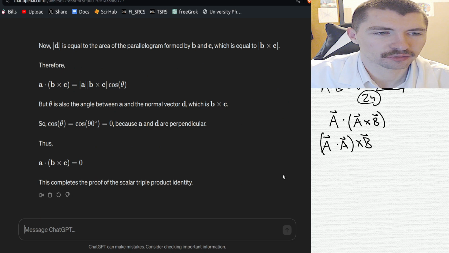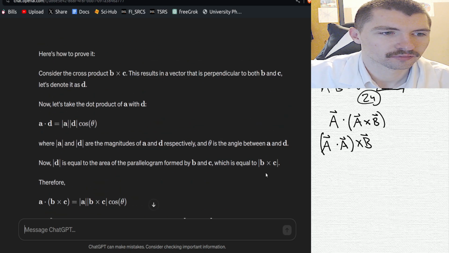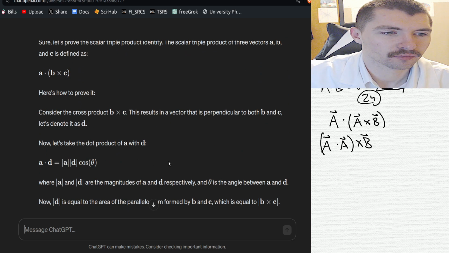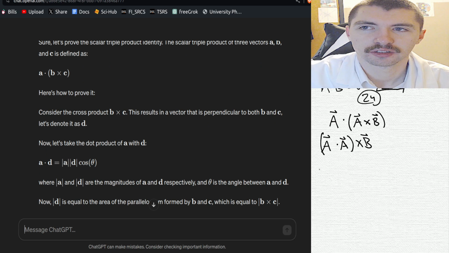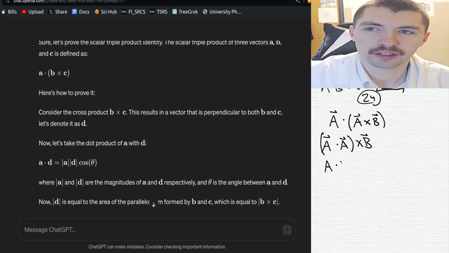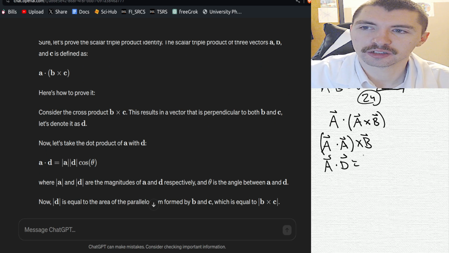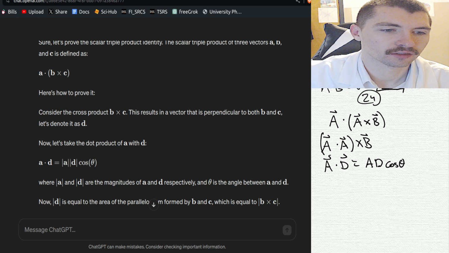Okay, I feel like I've seen this before. Dot product is, okay, so A dot D equals the magnitudes of A and D times cosine theta.